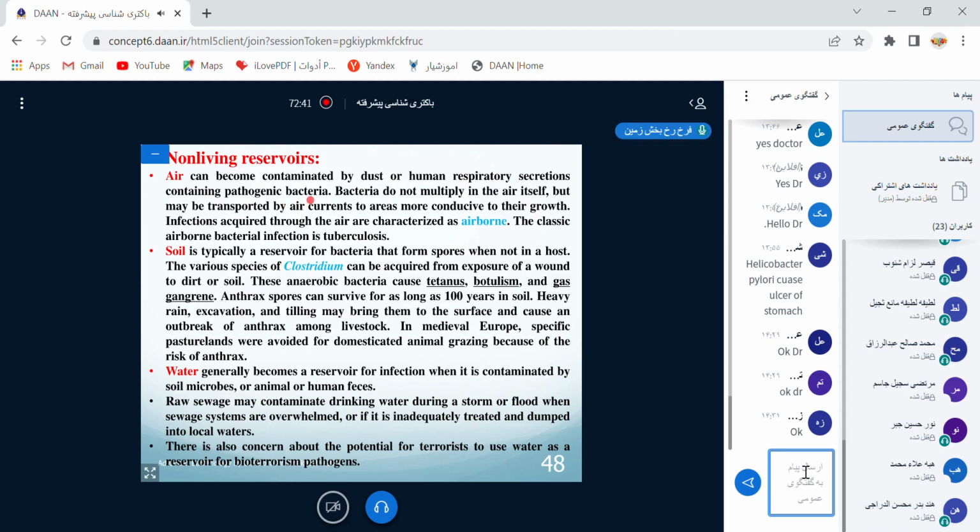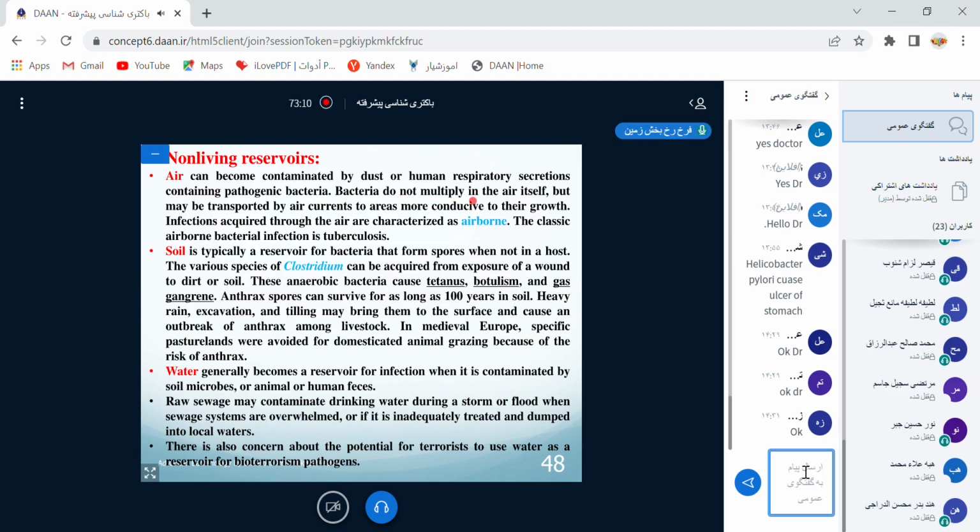Suppose one person has Mycobacterium tuberculosis and is coughing and sneezing without covering mouth and nose with a mask. Each time, many aerosols, many small particles full of bacteria, come into the air.